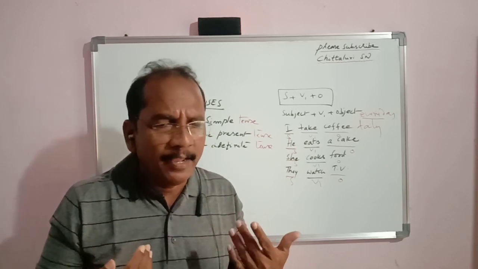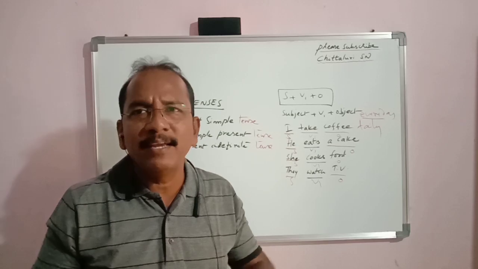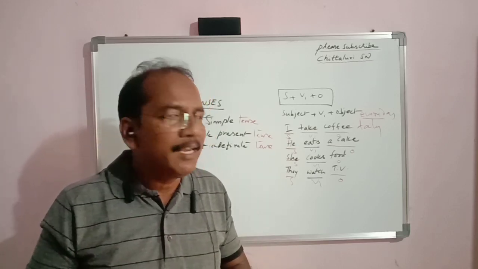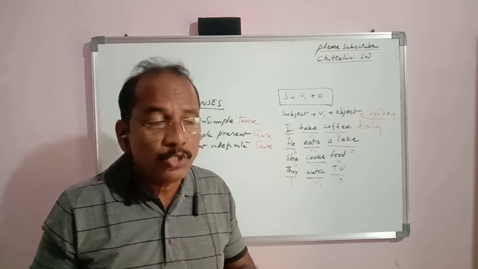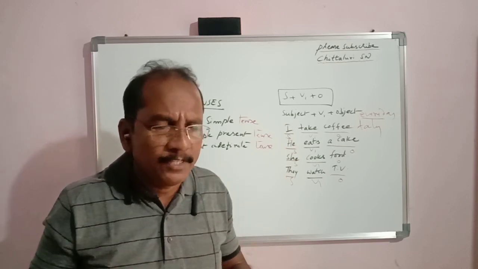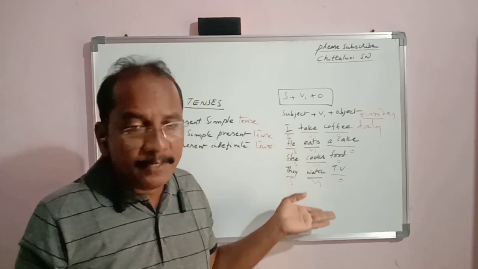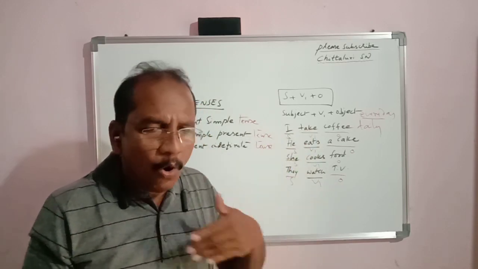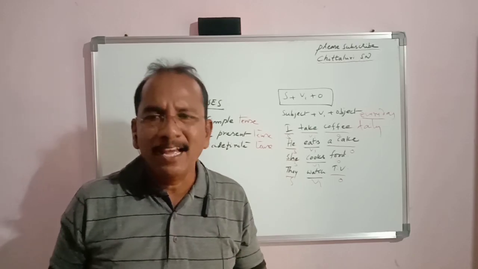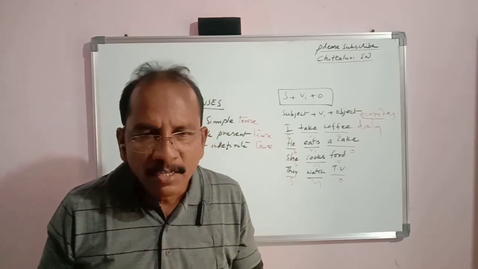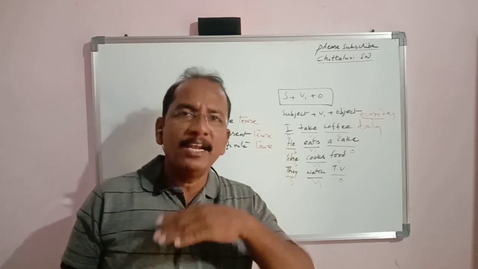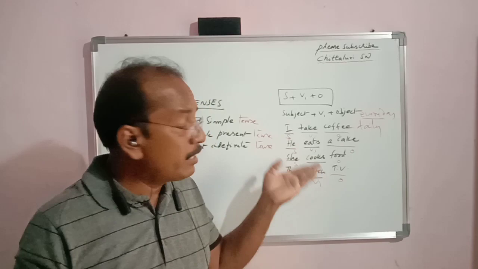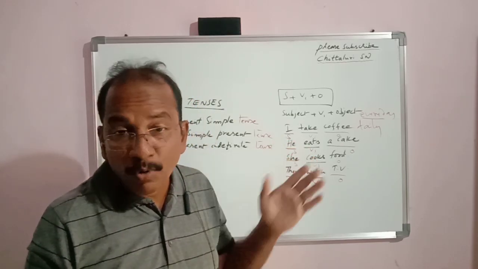Every day I go on taking coffee. It is my daily routine, my daily activity, my daily action. This is one of the uses of a simple present tense. In our daily routine we use that. Your unchangeable actions, your daily activities, your daily routine are mentioned in a simple present tense. That's what you remember.